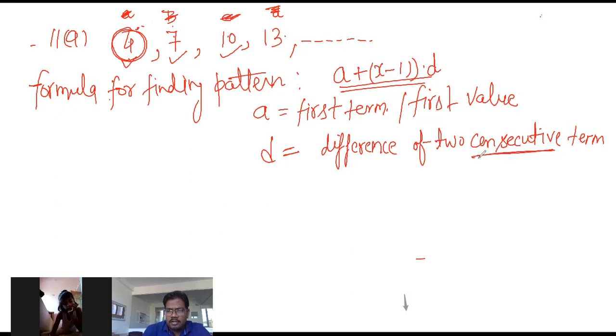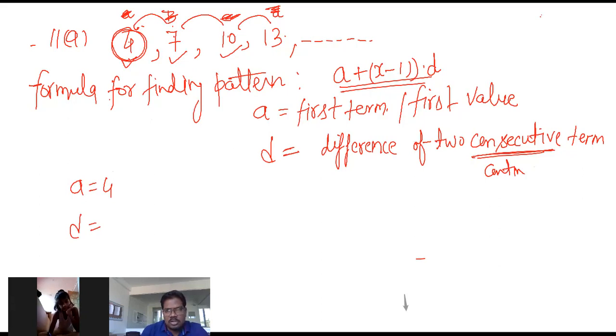Consecutive means continuous. The difference between them, whatever difference you get, will be the same everywhere. So what is the difference between 7 and 4 here? A will be 4 here, and what is d? Tell me anyone. The difference of two consecutive terms.